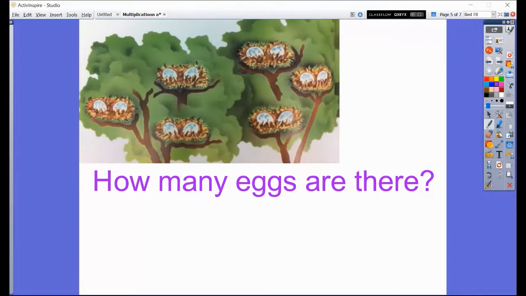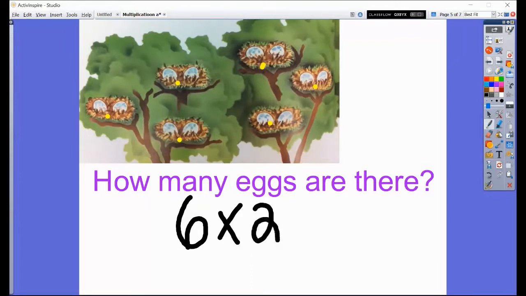We're going to start the same way, by looking at how many groups there are. These eggs are grouped into nests, so I'm going to look at how many nests there are. I have 1, 2, 3, 4, 5, 6 nests. So there are 6 groups of, and each one I see has 2 eggs in it.